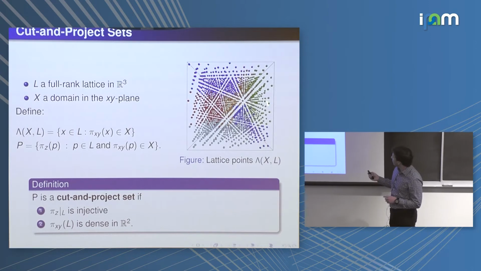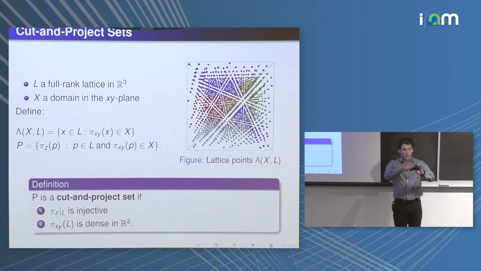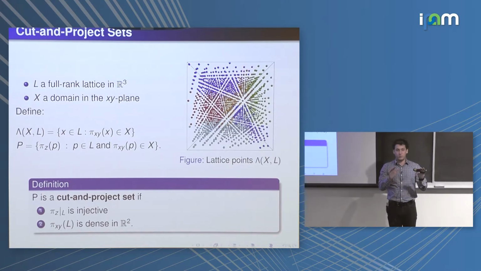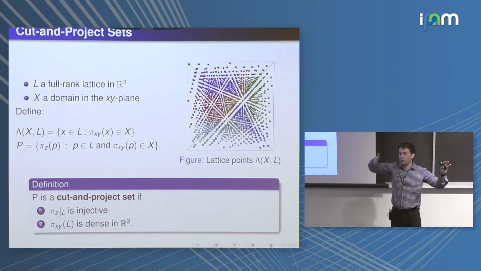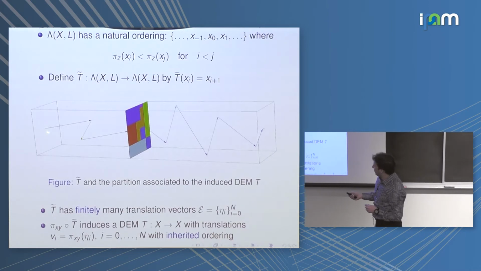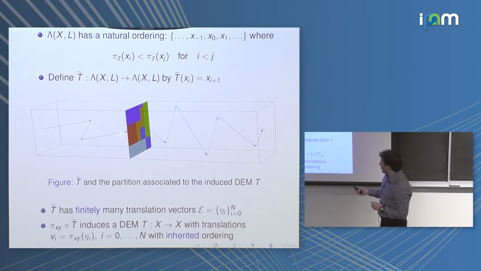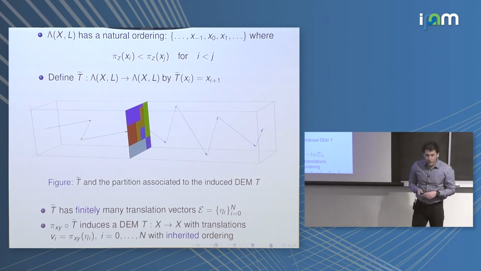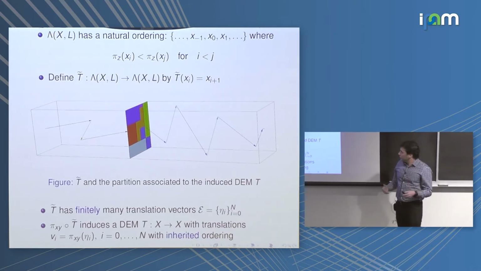So it's kind of what you see here. If you look through your window X, you see a dense set of points. And if you rotate it by 90 degrees, if you imagine rotating this whole window, you'll see points which are spread out, and their z-coordinates are going to be a discrete set. Okay, so what you will see is something which looks like this picture, where you have a point here, point there, point there, point there, and then you kind of go.